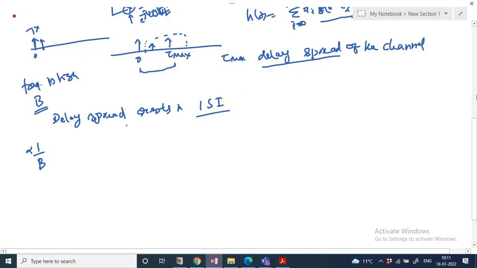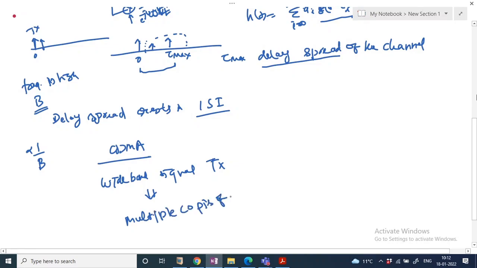In CDMA, we consider wideband signal transmission. This wideband signal has multiple copies of the transmitted signal at the receiver.